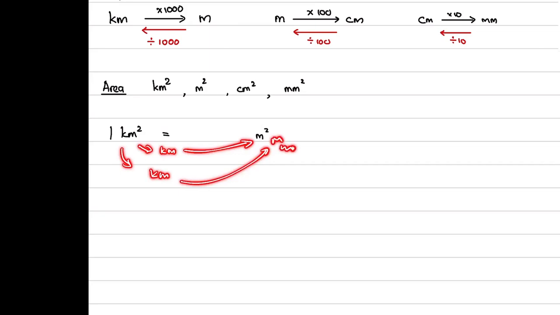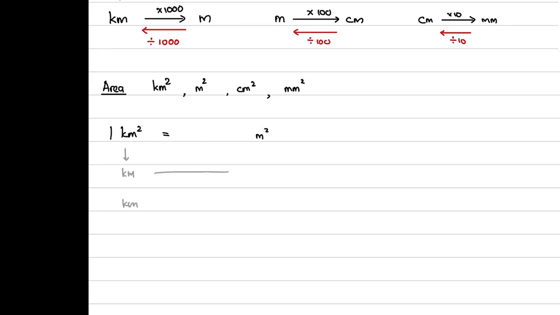So in km², we can just think of it as kilometers, kilometers, changing to meters, changing to meters. We need to multiply by 1,000, multiply by 1,000. So the answer will actually be 1 million square meters.